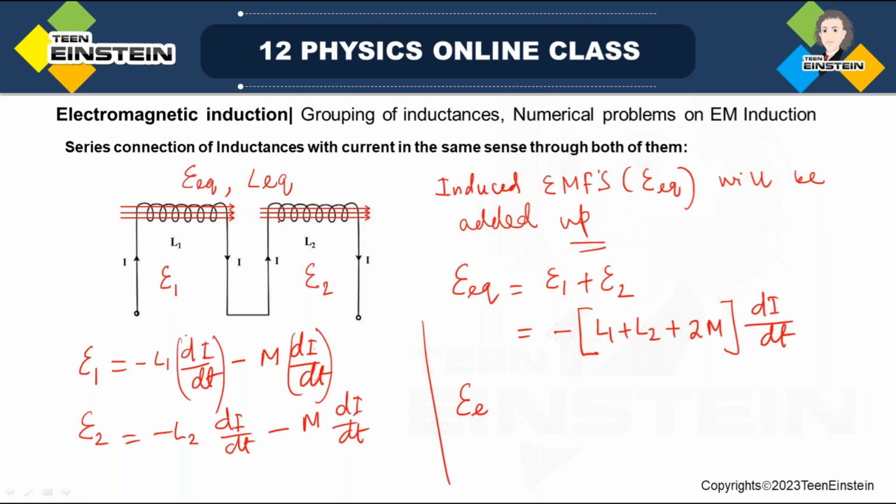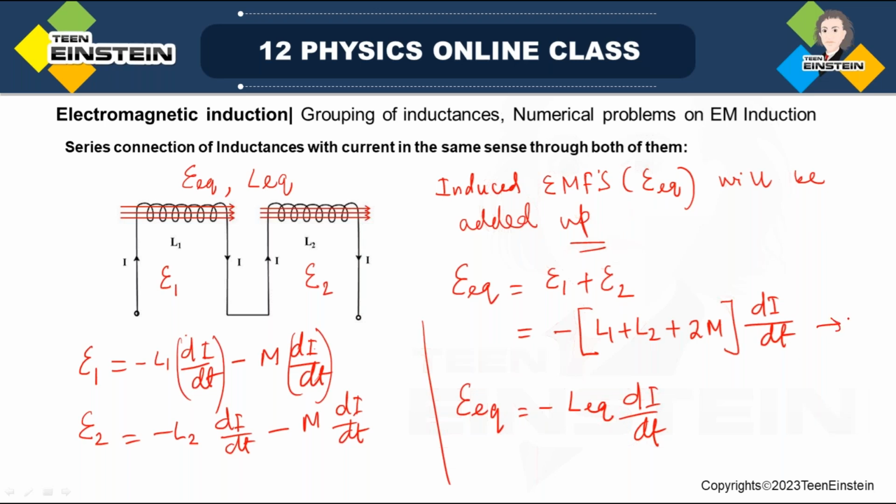If I just replace these two coils with a single coil, we'll get E equivalent is equal to minus L equivalent. That means I am just replacing two coils with a single inductor coil which has equivalent self-inductance Leq. Then it will be Leq di dt.